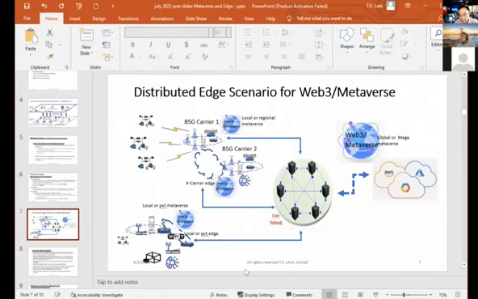Distributed edge scenario for the Web3 metaverse. Now, I envision that the edge networking scenario is going to get more complicated, and it needs to be much more distributed because it needs to be scalable when you're supporting something as humongous as the metaverse. And what that means is that you will have edge nodes that are typically resource limited, right?